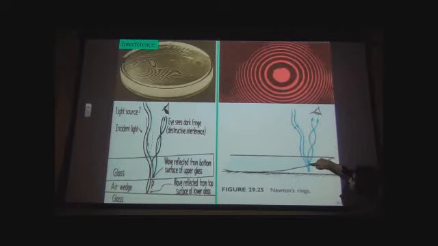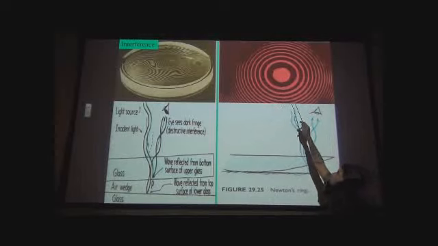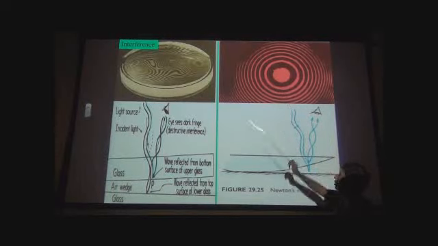One ray reflects off of the bottom side of the contact lens. The other one travels through to the reflecting bottom glass. There's an air wedge in between, and so when you scan this, you end up with constructive and destructive interference, creating these rings, and these rings are called Newton's rings. So constructive, destructive, and so on.